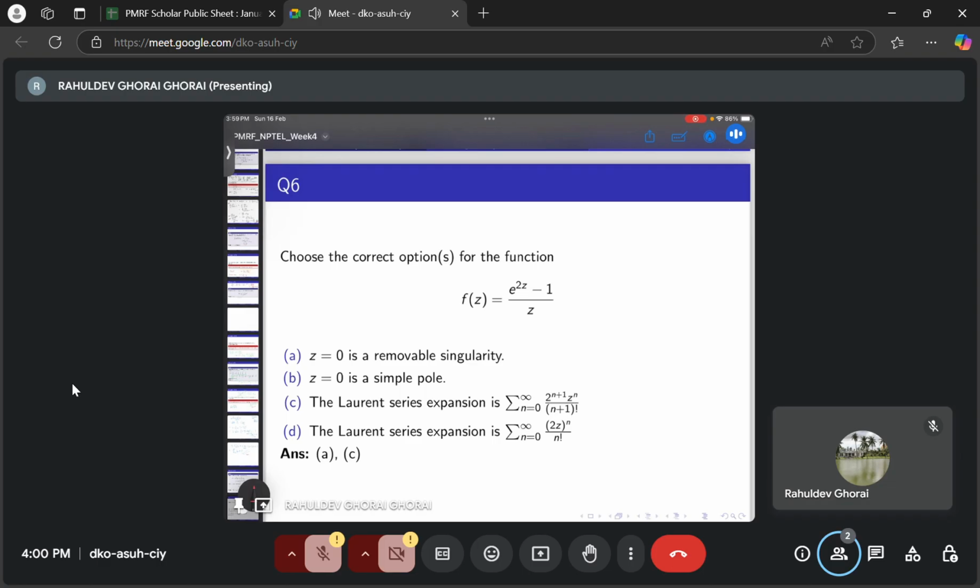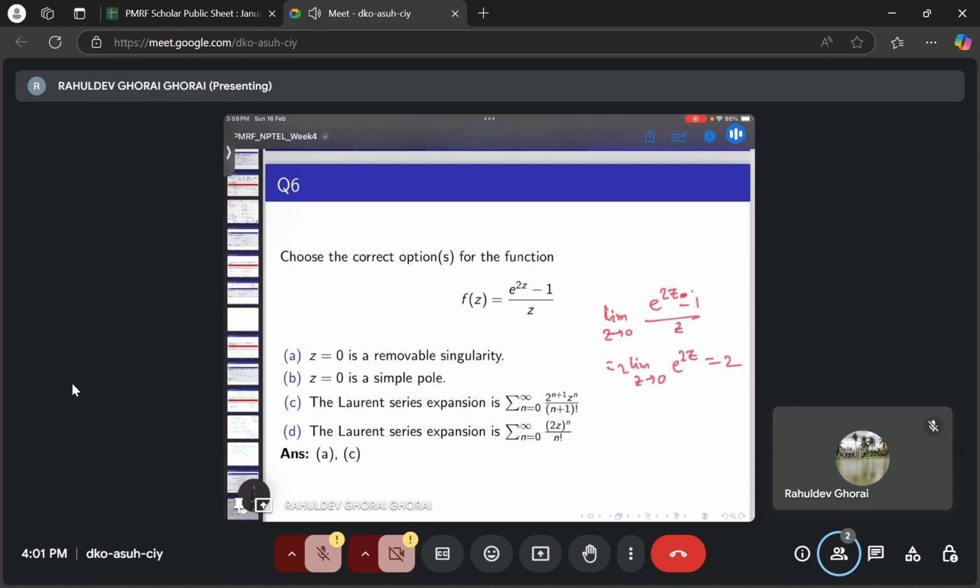So for the first option, we take the limit as z tends to 0 of (e to the power 2z minus 1) over z. It is a 0 by 0 form. If you take the derivative, 2 times e to the 2z, it will be 2 times e to the 2z equal to 2.